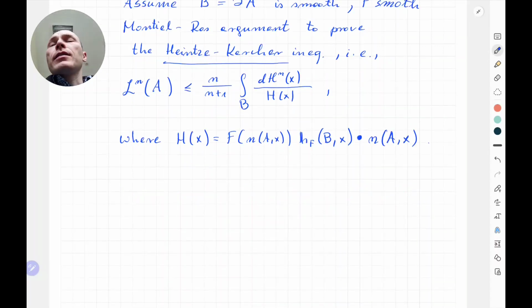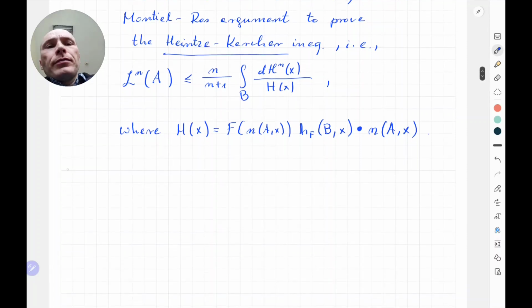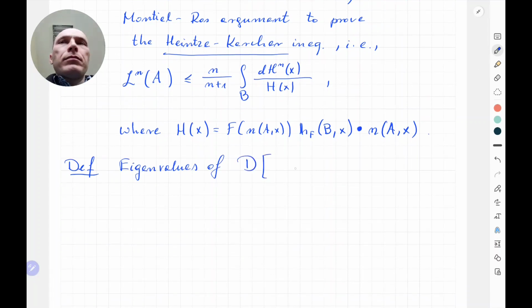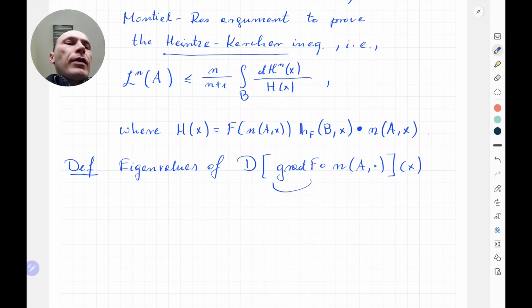First, let us define what we call principal curvatures. Consider the eigenvalues of this map: you have the gradient of F composed with the normal vector. This is some kind of vector field.